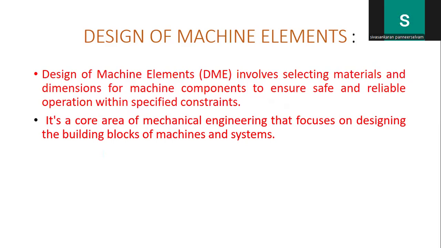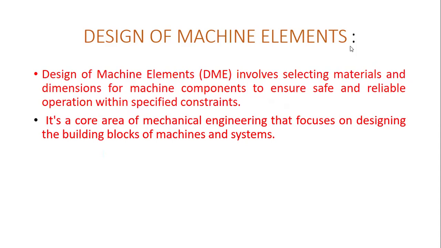Based on the selection of material and the technical specifications that are specified for different types of mission components, depending on these two, the design engineer has to confirm whether the proposed mission component ensures safe and reliable operation within the specified limitations or not.